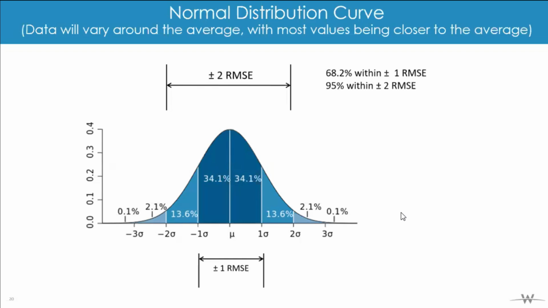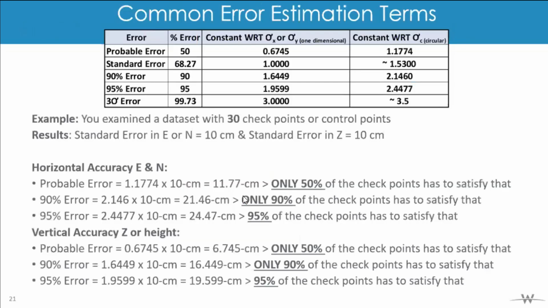For example, you see the RMSE covers around 68.2 percent within plus or minus 1, and 95 percent is 2 times the RMSE. That's what you see in the dark blue. That's what we are talking about with the ASPRS standard here. We measure the accuracy in that area under the curve.